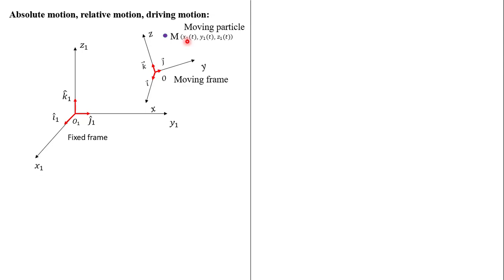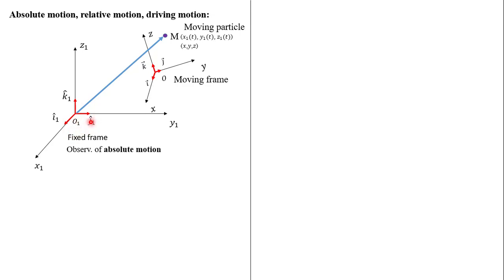So why do we have this index 1? Because I'm saying that these coordinates are seen by the fixed observer in the fixed frame. Okay, so for observer O1, the position vector is O1M, and this O1M can change with time. So the observer O1 will see the absolute motion of M. Here the absolute motion is seen by an observer at rest, which is the observer at O1.